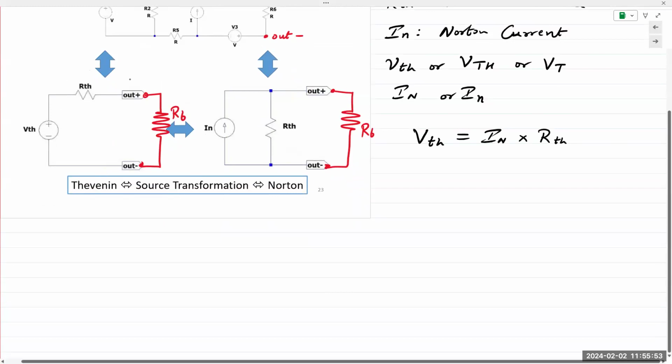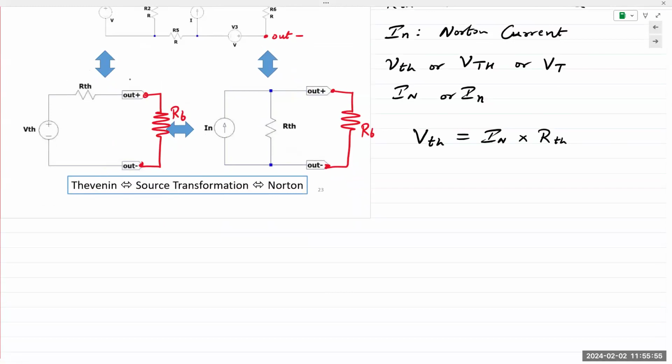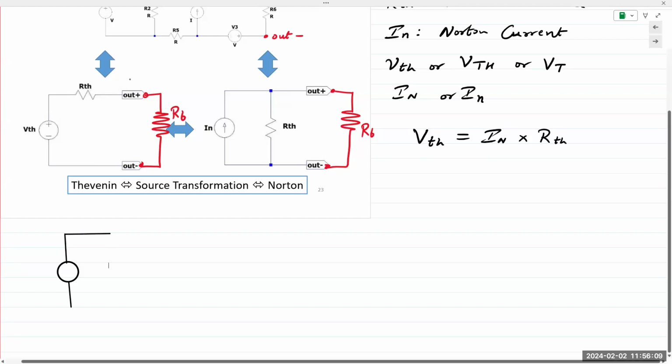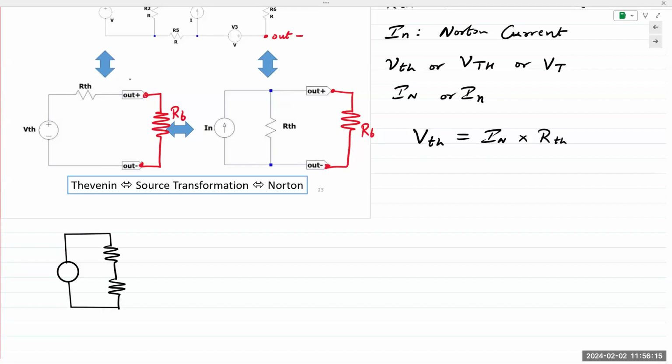Absolutely, they're all in series. So I could represent a Thevenin circuit: this is RTH, this is R6.